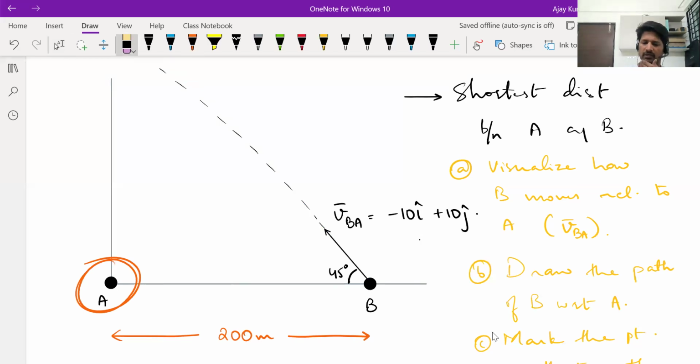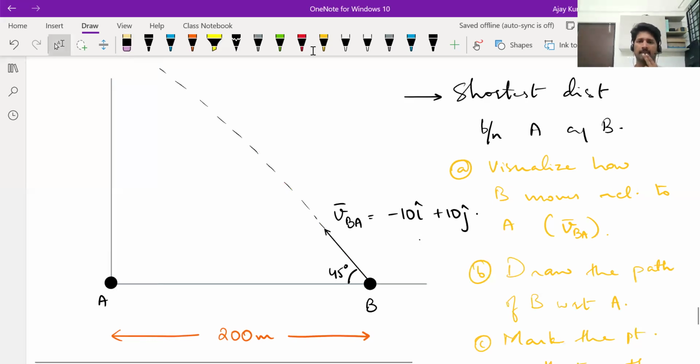Can any of you tell me how to mark a point on a straight line which is nearest to another point out of that straight line?